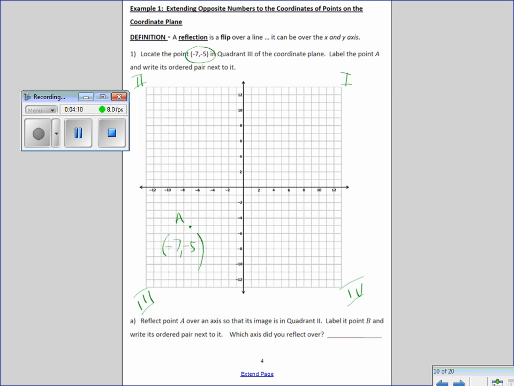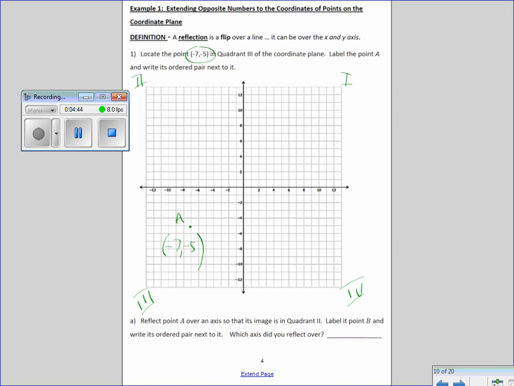Now I'm going to go to A here. I'm going to teach you what's called a reflection. A reflection is a flip over a particular axis, and they usually will tell you how they want you to flip it. Reflect point A over an axis so that its image is in quadrant 2. So here's my quadrant 2, right? In order to wind up in that quadrant, what axis does it have to be flipped over?